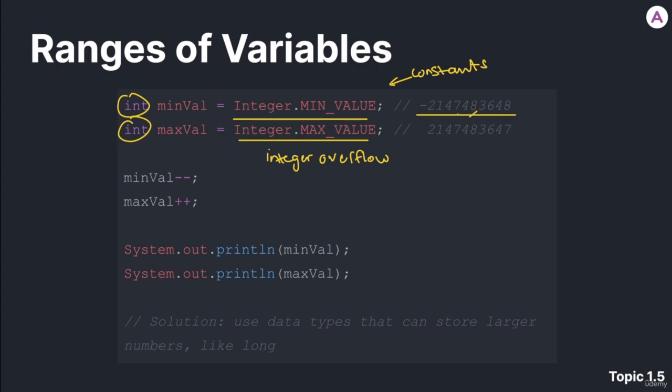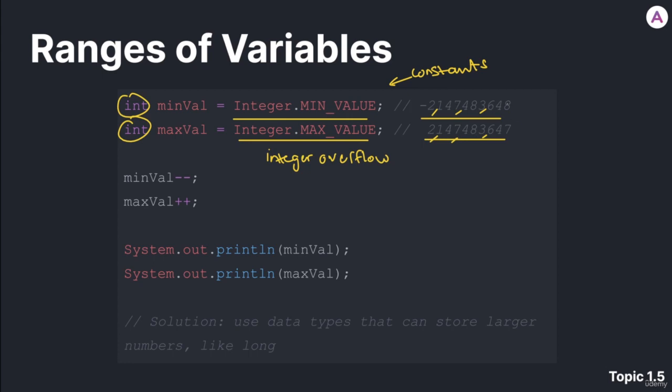If you look at this, it's negative 214, sorry. And they hold these two values. This is like negative 2,147,000,000, and this is, in similar fashion, 2,147,000,000. You can notice that they're almost the same.